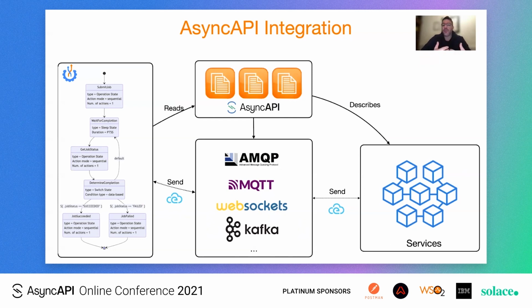So what we do is, instead of defining proprietary ways to invoke these services, we use AsyncAPI. We also have other options, but AsyncAPI is definitely the one for event-driven microservice communication. Our specification relies on AsyncAPI definitions, so you can have one or more that define the services you want to communicate with.